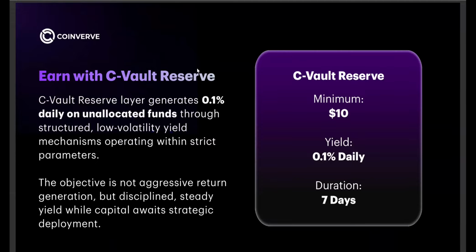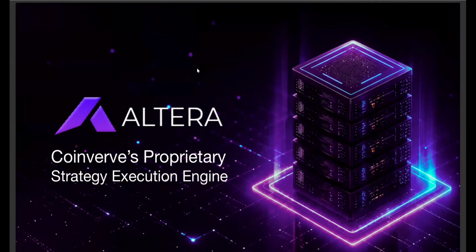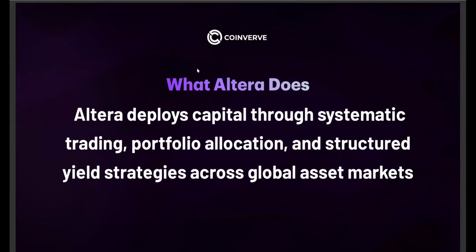Now, once your capital is positioned within the deposit layer and you choose to allocate it, it moves directly into the execution phase of the system. That's where Altera comes in. Altera is the execution engine behind Coinverve. It deploys capital through systematic trading, portfolio allocation, and structured yield strategies across global asset markets.